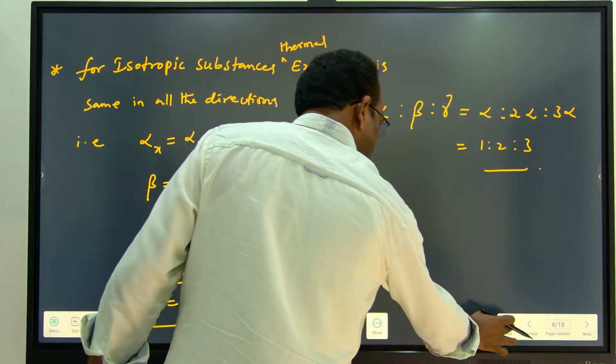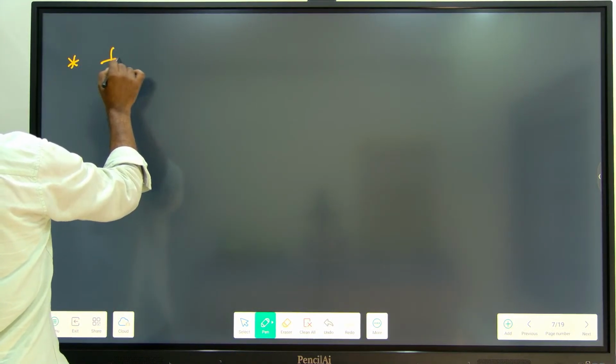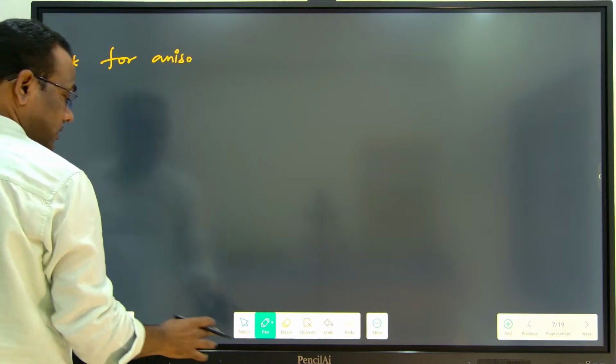Sometimes there are some other substances. I'm taking anisotropic substances.